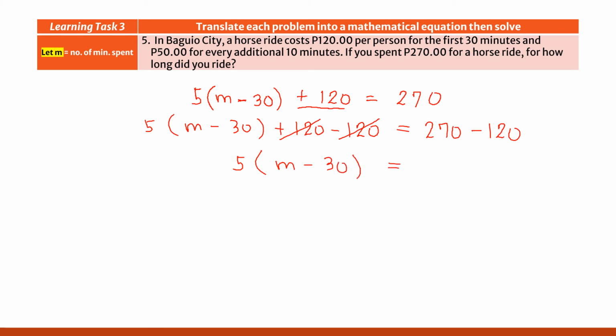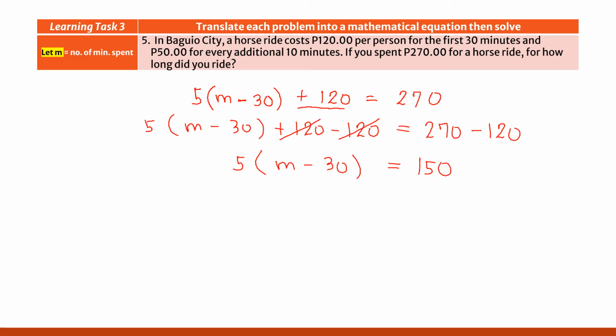Is now equal to, so 270 minus 120. What is 270 minus 120? Of course, the answer is what? The answer is 150. Tama? Okay. Now, 5 times the quantity m minus 30 is equal to 150.